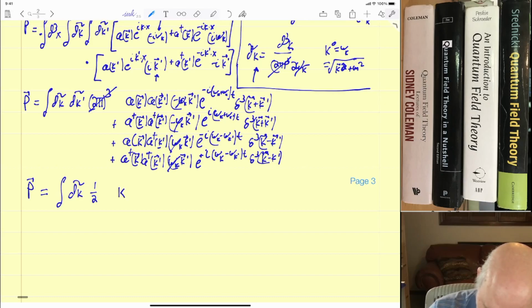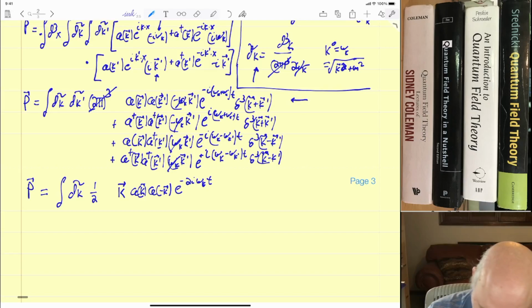Okay, so let's look at this term over here. When we do the delta function over k prime, it says k prime equals minus k. So this becomes a plus k: k, a k, a minus k, e to the minus 2i omega k t.